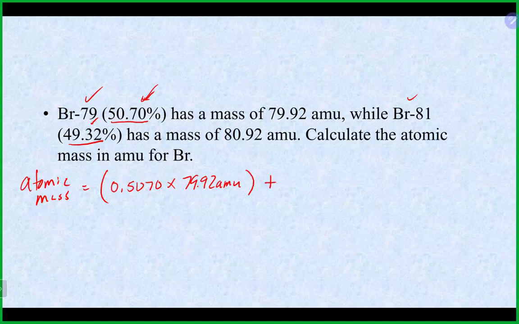You then are going to add it to the percentage of the second isotope. And once again, if you don't want to move the decimal, you can also just divide it by 100 and it will move the decimal for you. And you times it by 80.92 AMU in this case. And if you do that, you're going to end up with here.